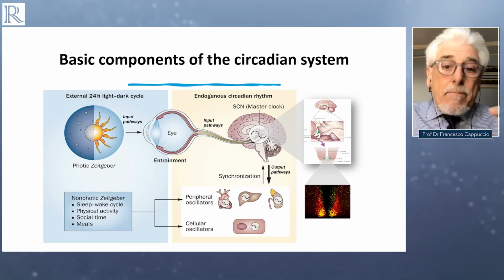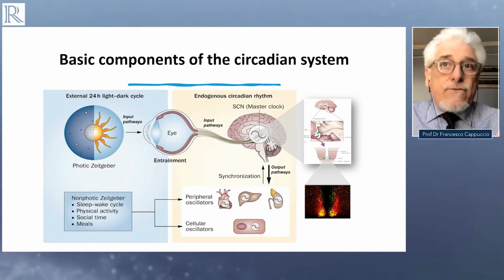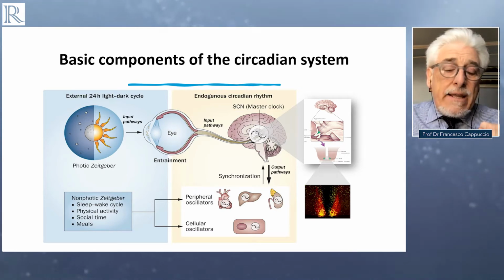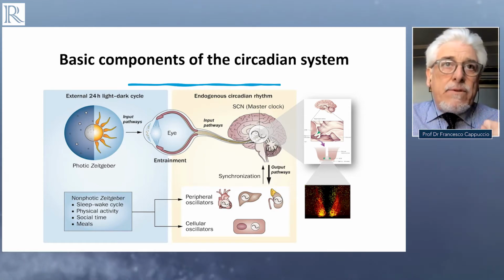Biological clocks have the ability to oscillate in a self-sustained manner, in the same way as the heart sustains your heart rate, and to sustain biological rhythms through some output pathways that you can see on the screen, reaching out to organs and tissues peripheral to the hypothalamus.